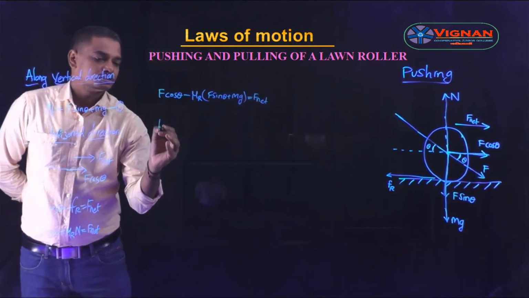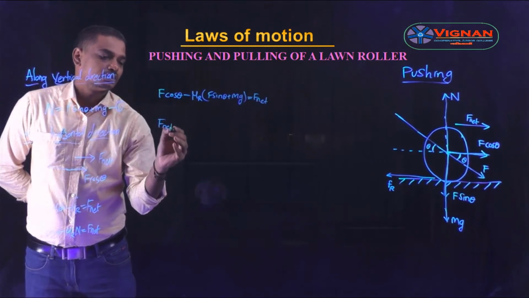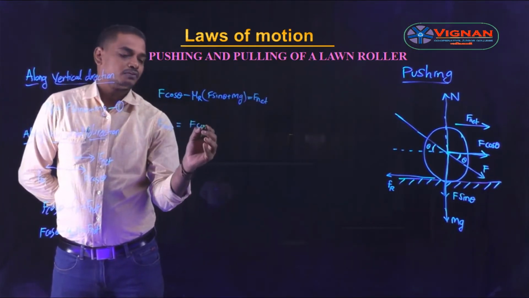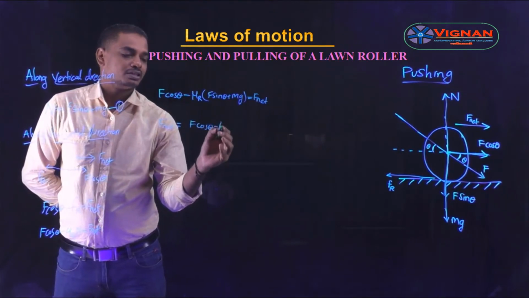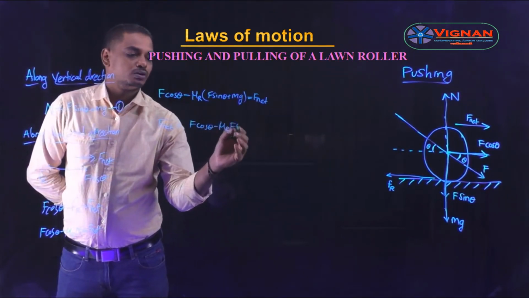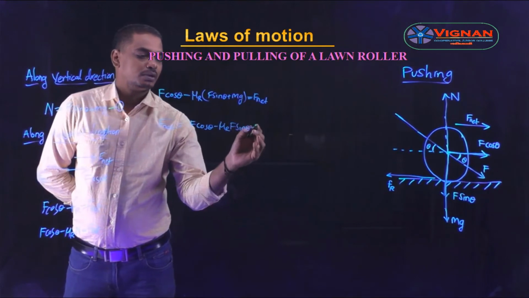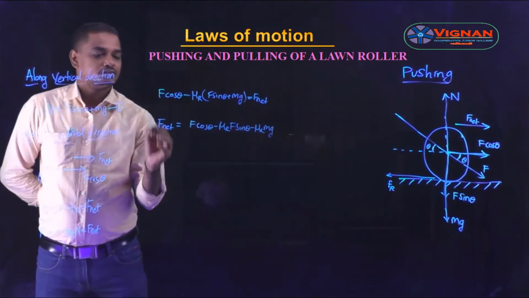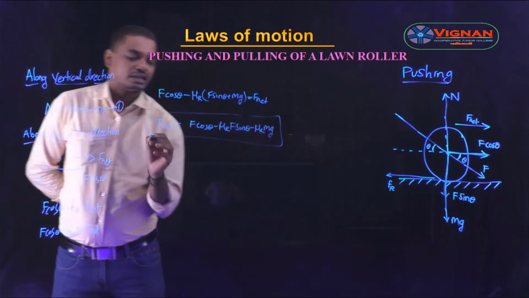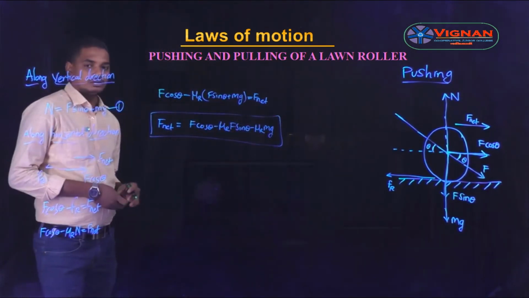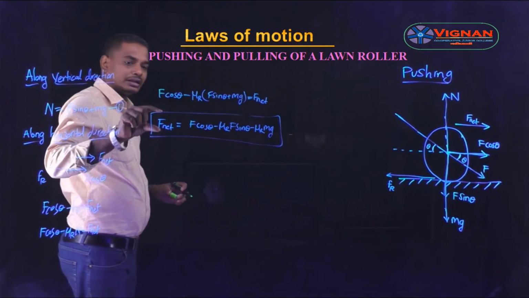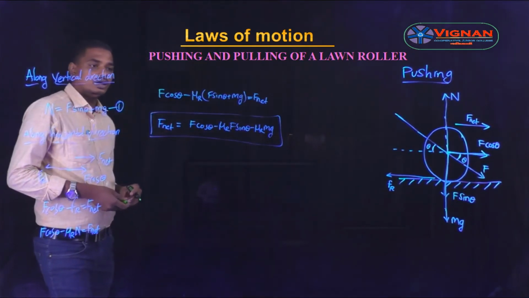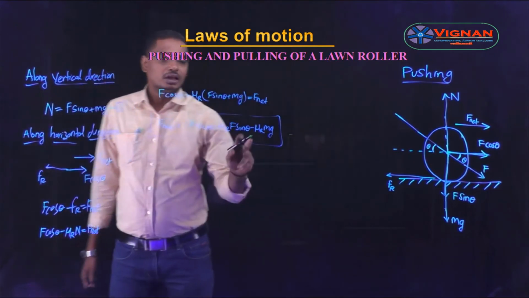So from this, net resultant force F net is equal to F cos theta minus mu r into F sin theta minus mu r into mg, which is the net resultant force acting on the lawn roller. So remember this one: net resultant force is equal to F cos theta minus mu r F sin theta minus mu r mg.